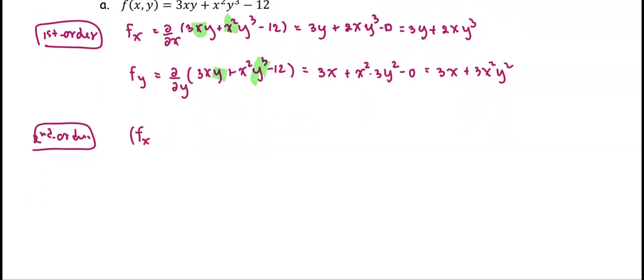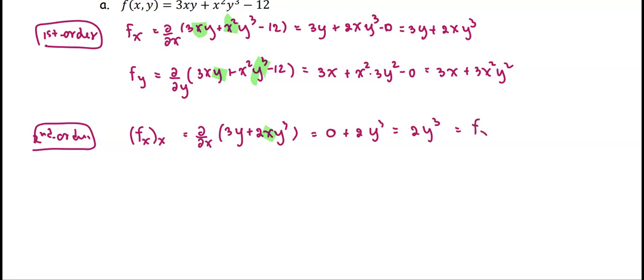For the first order with respect to x, we're going to do partial with respect to x on top of it. So we do the partial derivative with respect to x of 3y plus 2 times x times y to the third. Treat x as the variable, the rest as the constant term. So it's going to be 0 plus 2y to the third, or 2y to the third as the second order with respect to x and with respect to x.